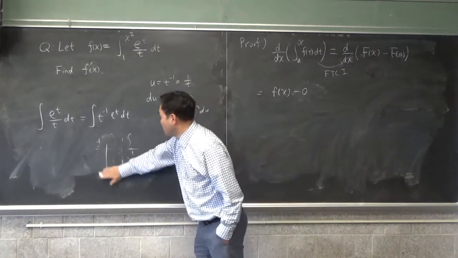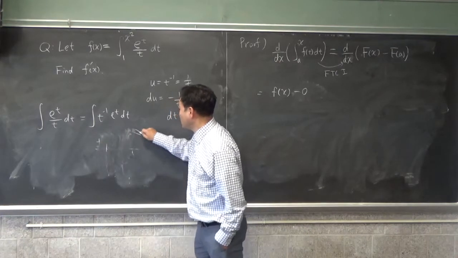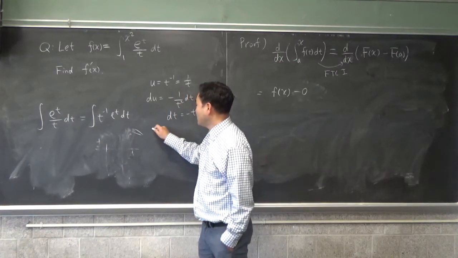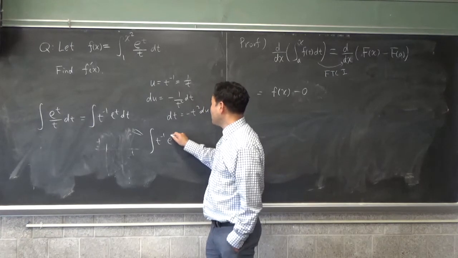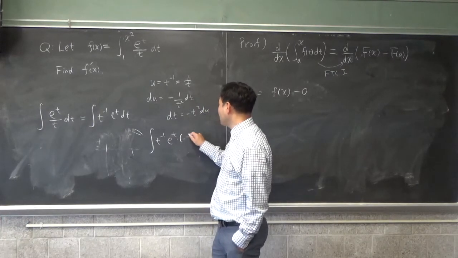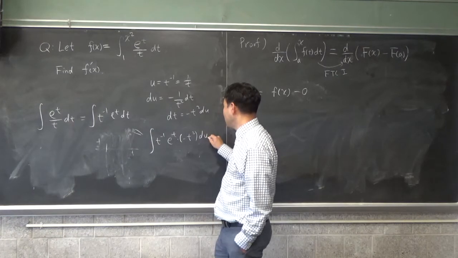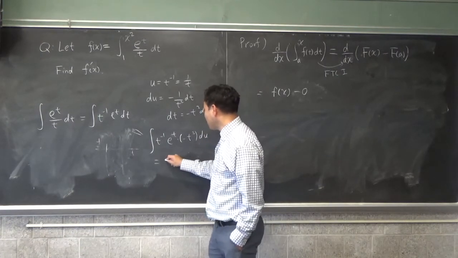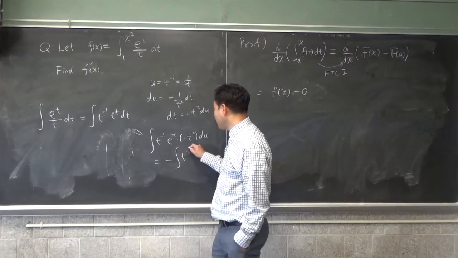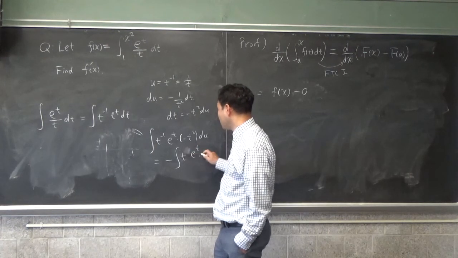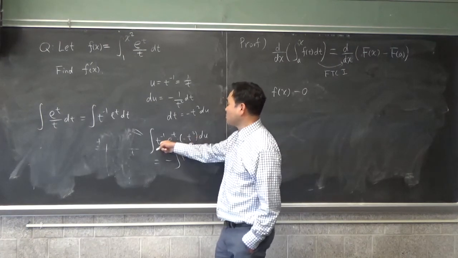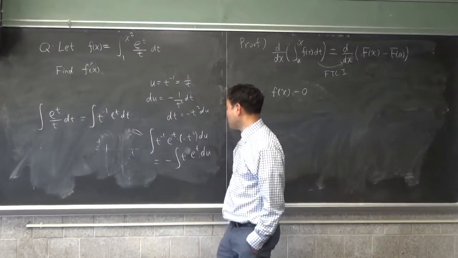And then this one will be the integral of t to the -1 e to the t times negative t squared du. So you still have like negative t -1 e to the t du. T positive, because t squared times t to the -1 is t to the first power.